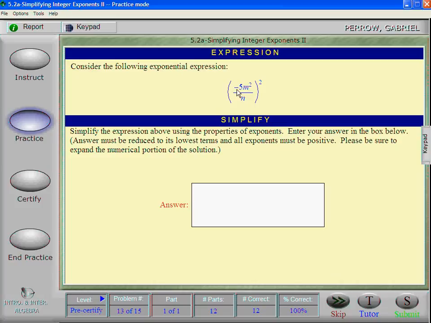If I had negative 5m to the second, and then over n, and that is in parentheses being squared, it's the same as raising the top and the bottom to the second power.